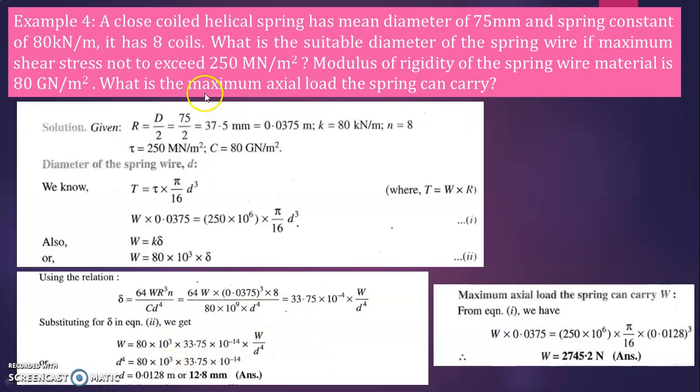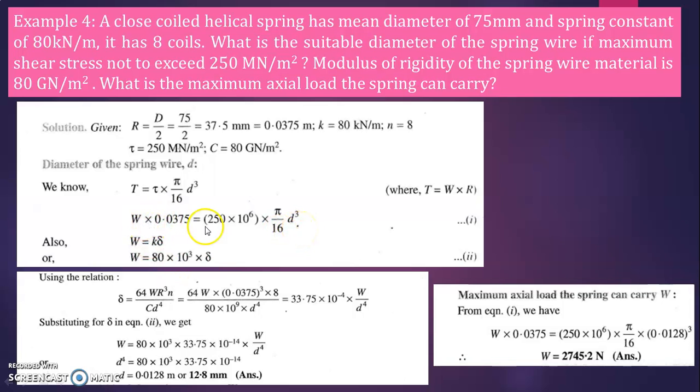Now you have to calculate the axial load also. How can you calculate? We have this formula, right? W is equal to 80 into 10 raised to 3 into delta. So you can substitute, or directly use this formula. W into 0.0375 is equal to 250 into 10 raised to 6 into pi divided by 16 d cube.